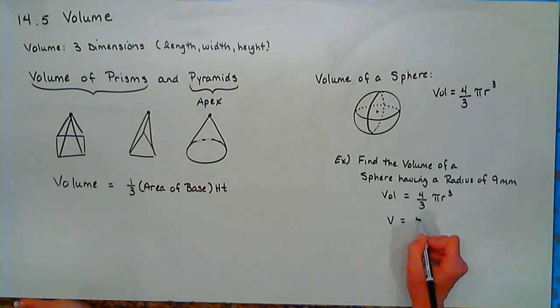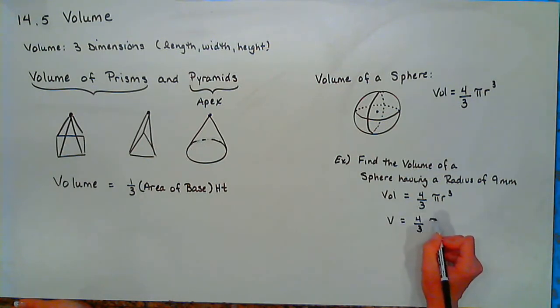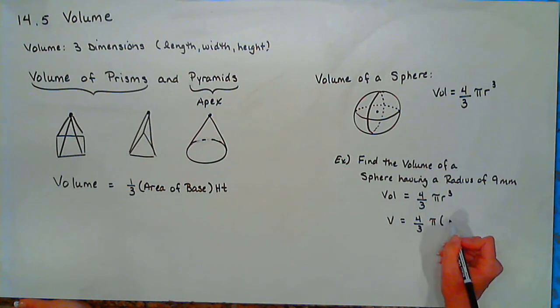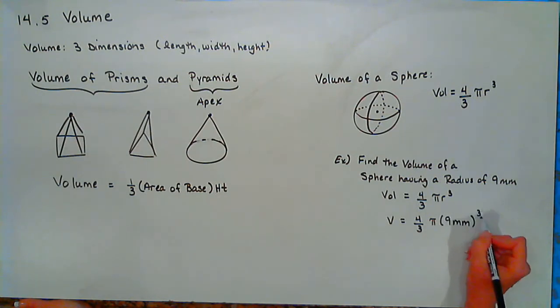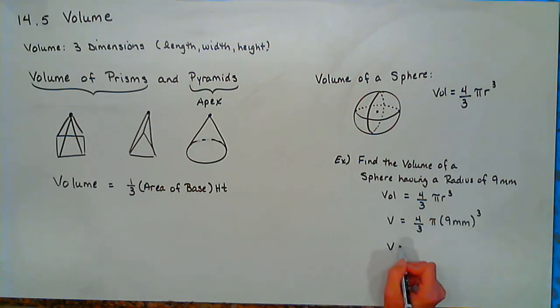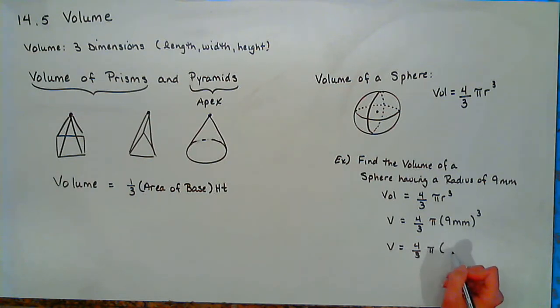So our volume is 4/3 pi, make sure they keep the unit of measure in there, 9 millimeters, and that entire unit is being cubed. So we end up with 4/3 pi, 9 times 9 times 9 is 729 millimeters cubed.